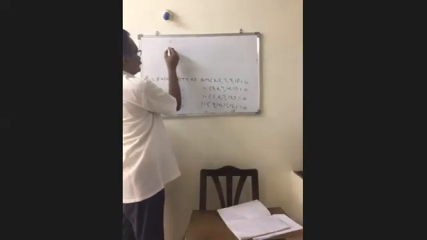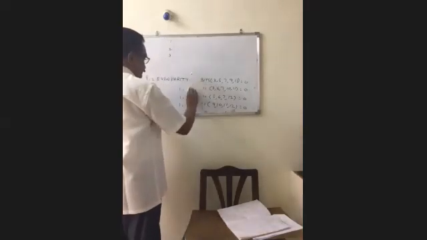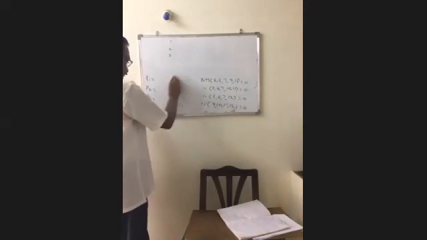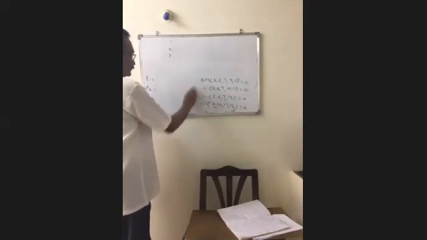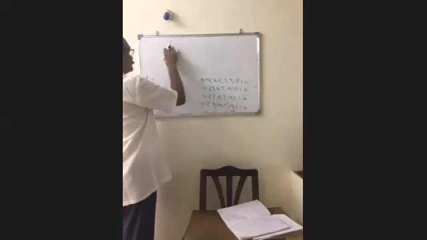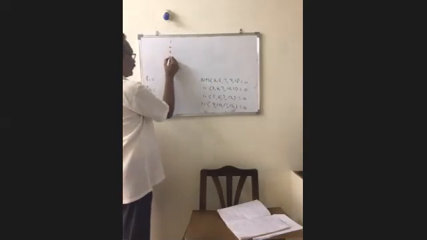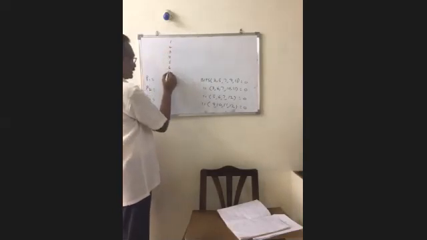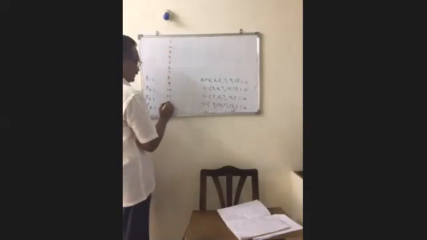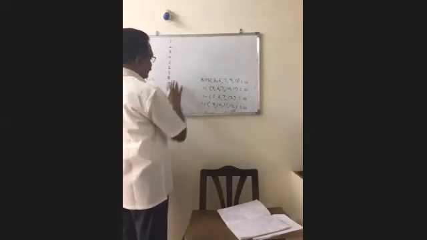Say for 1, 2, 3, 4, 5, 6, 7, 8, 9, 10, 11, 12. So this is the right, the 4-bit binary equivalents.